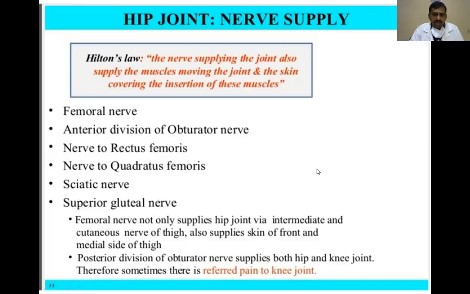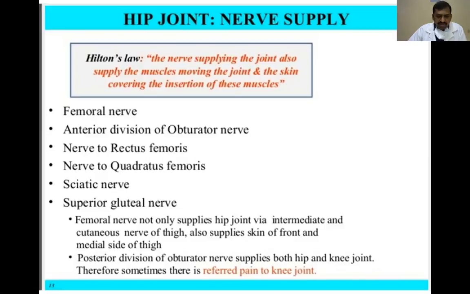Suppose in some individual there is a pathology in the hip joint, the pain may radiate to the knee joint also, because of the obturator nerve, which comes out from the pelvis. On some occasions, in pelvic pathology also, there is a chance of compression of the obturator nerve, and it may produce referred pain in the knee joint, especially in females.